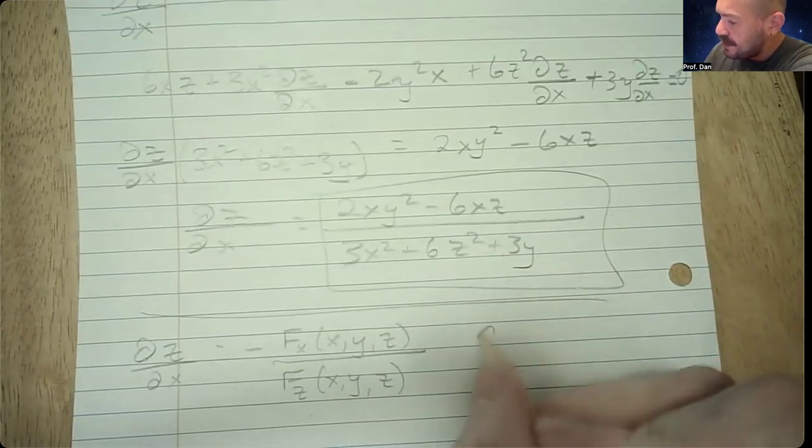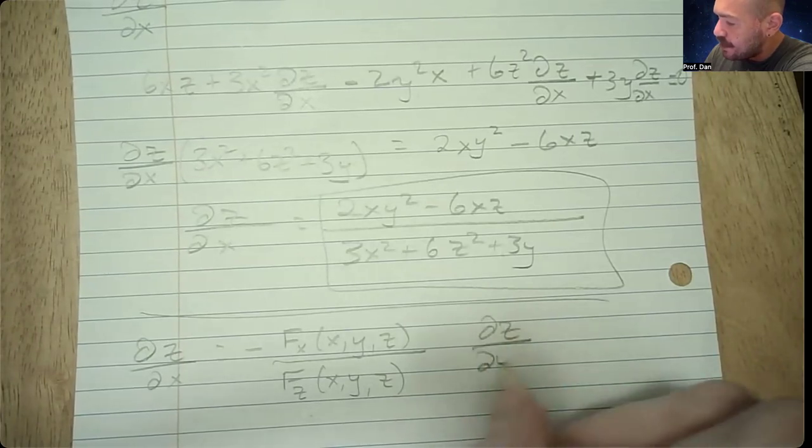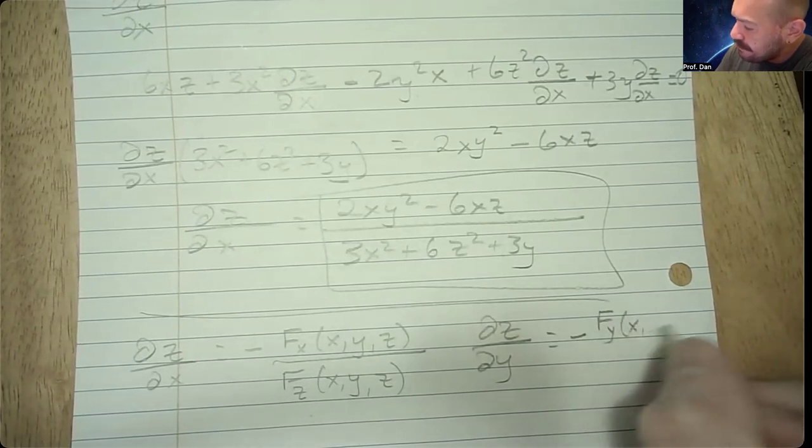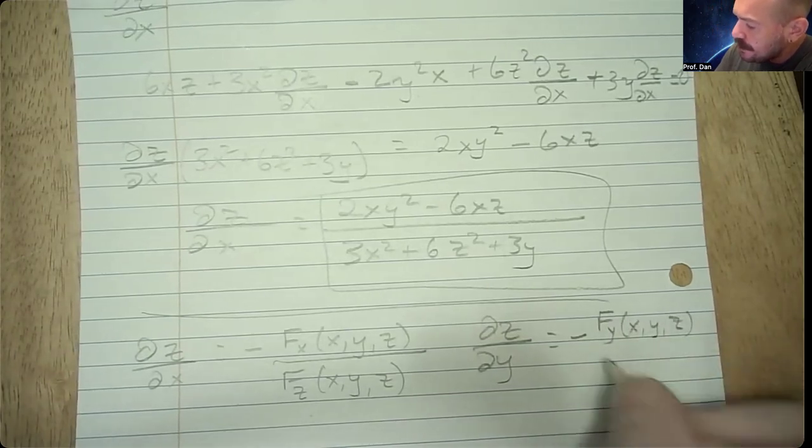Similarly, if I want to find the partial of z with respect to y, I would have negative partial with respect to y over partial with respect to z.